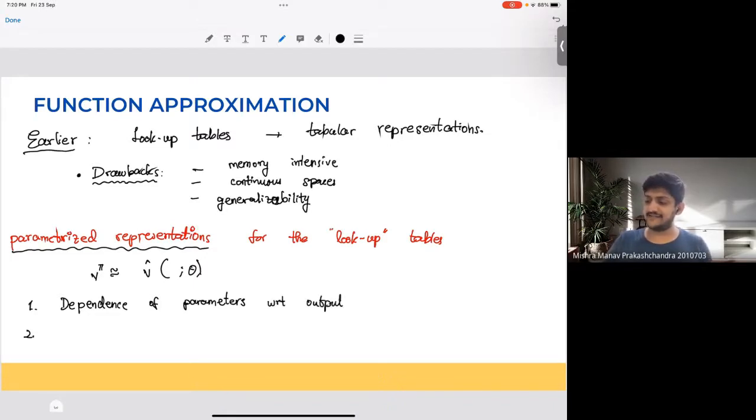And second is that once I have some estimation, I need to have some error metric or an error measure in order to evaluate how close my parameterized estimation is with respect to my original v pi, right? So I need these two things.